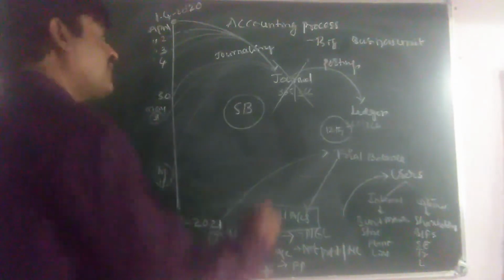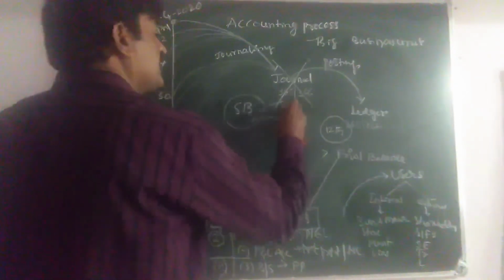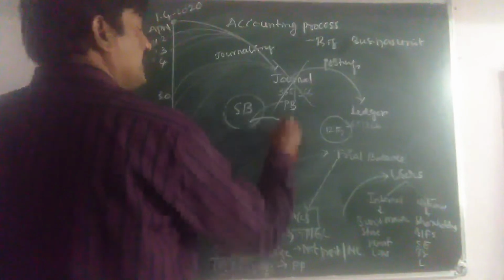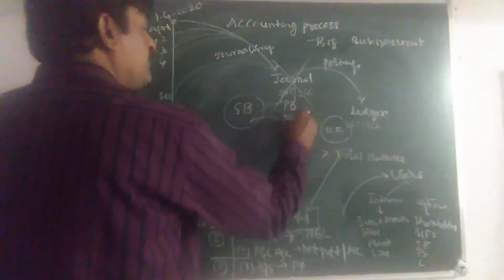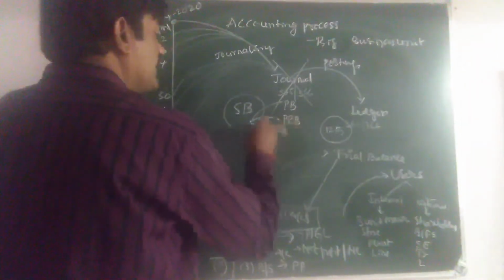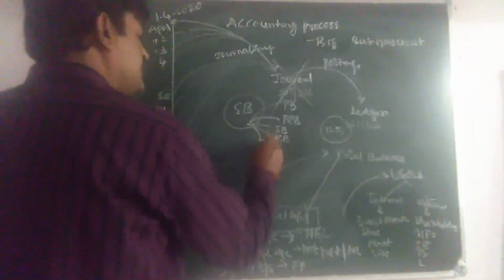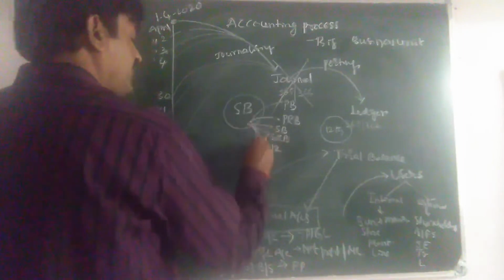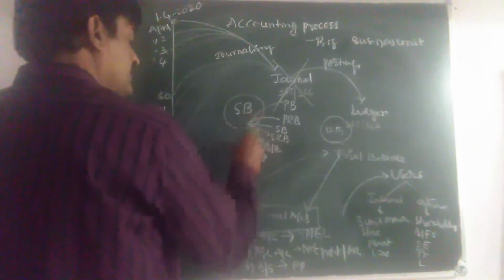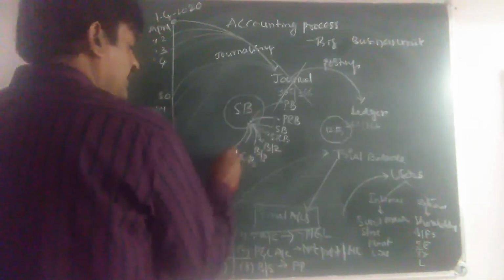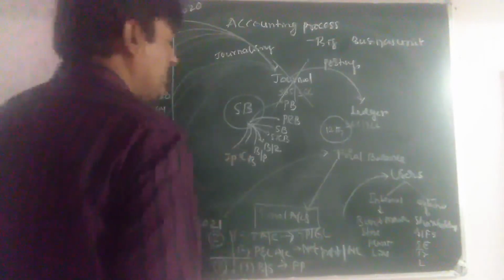Subsidiary books consist of 8 books: purchases book, purchases returns book, sales book, sales returns book, bills receivable book, bills payable book, cash book, and journal proper.